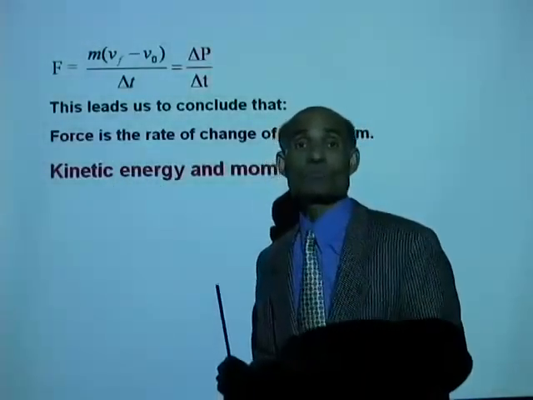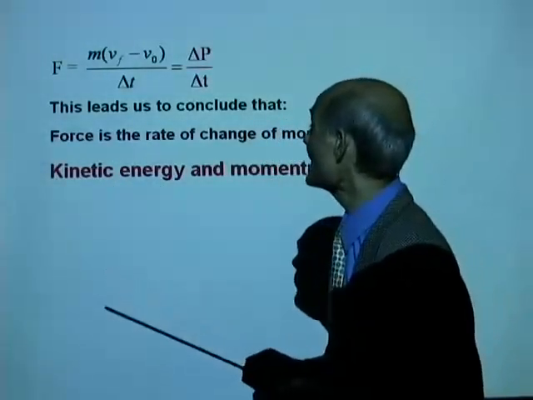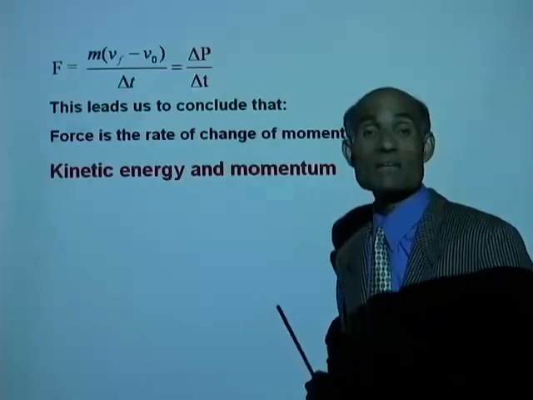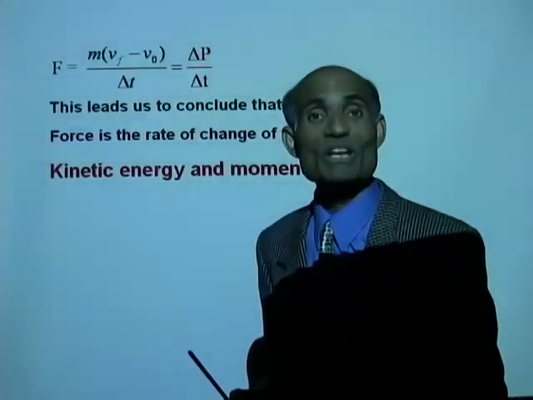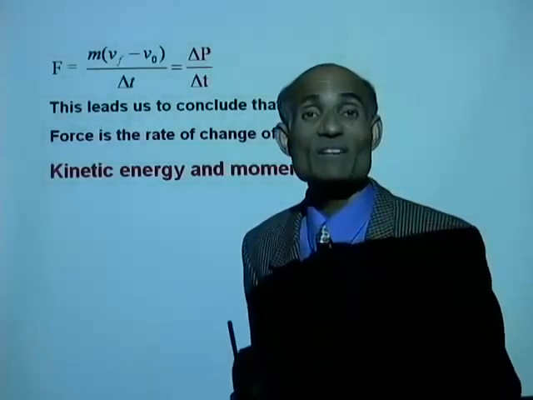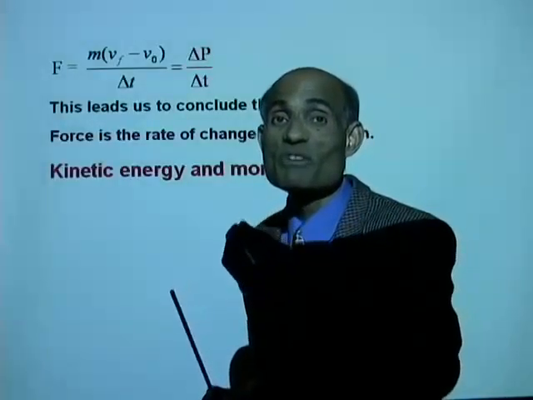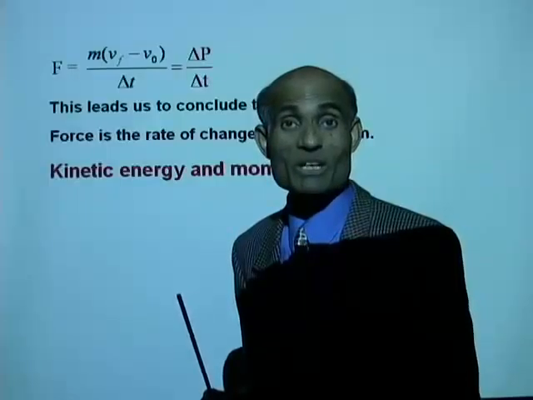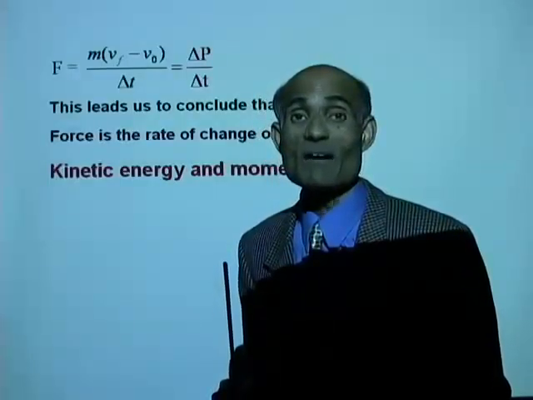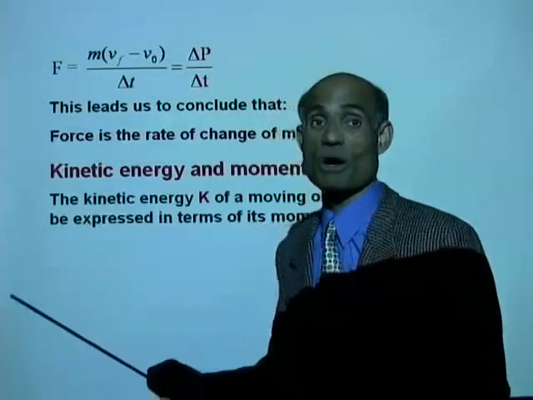Let's now obtain a relation connecting kinetic energy and momentum. Tell me, what is the equation for kinetic energy of an object moving with a velocity v? Kinetic energy is 1/2 mv squared.